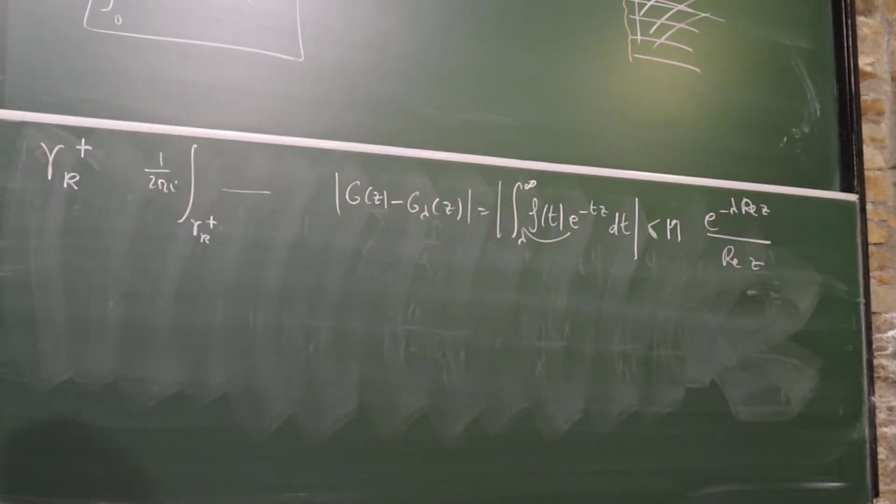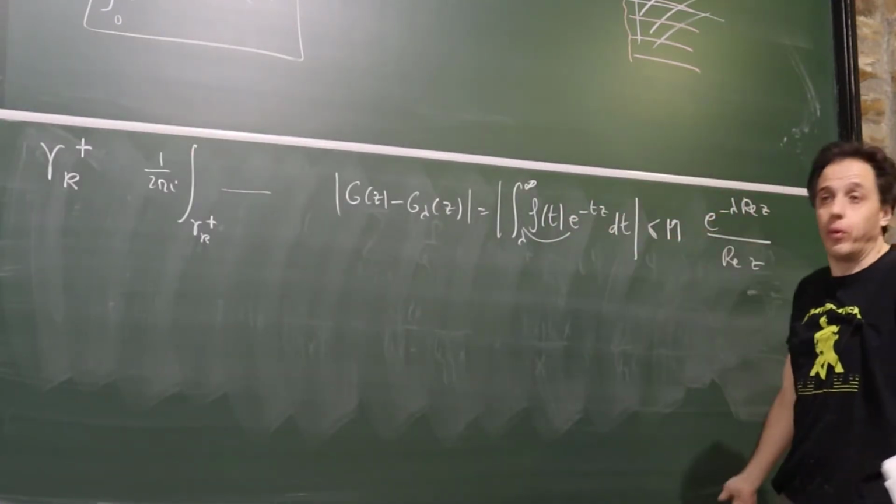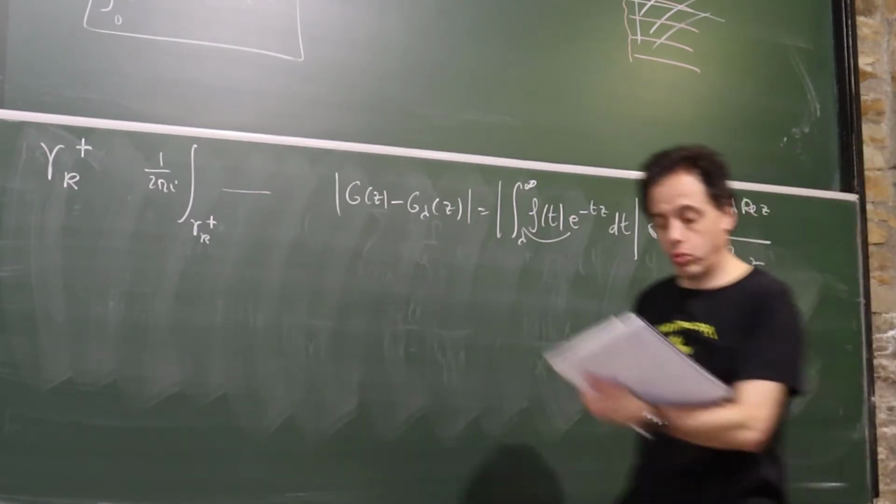Okay, you only take the absolute value, the modulus, of this expression. It would be e to the minus t real part of z, and you integrate directly. So you have that.